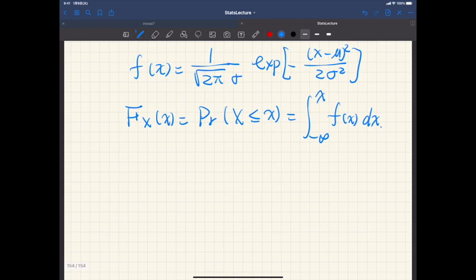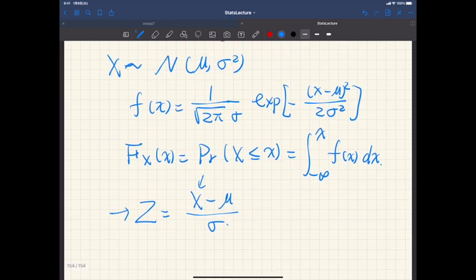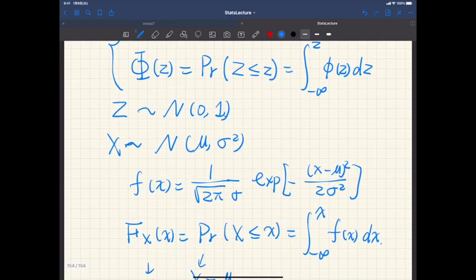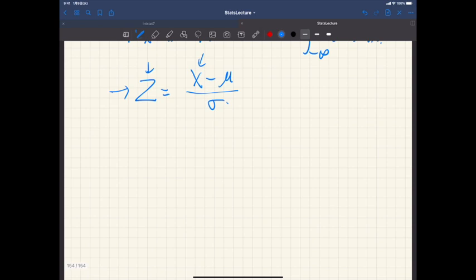Now, again, let's do this transformation. By the way, this z is a new random variable defined by a linear transformation of the random variable x. So this z itself is not directly related to the earlier z. Now, the cumulative distribution function of x is the probability that x takes a value less than or equal to some given value of x, right?